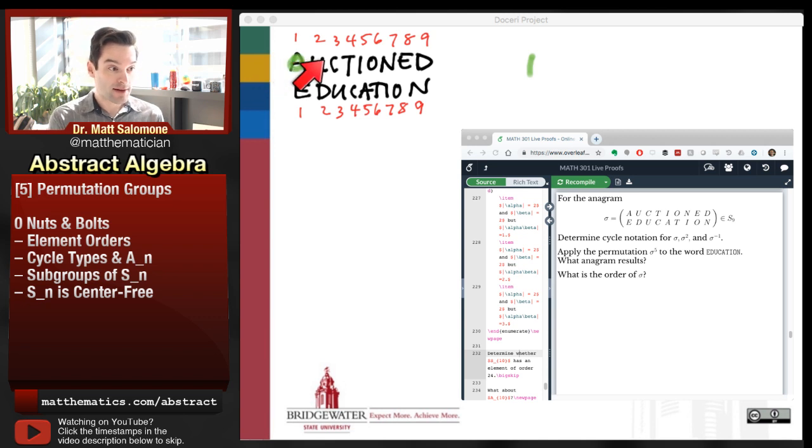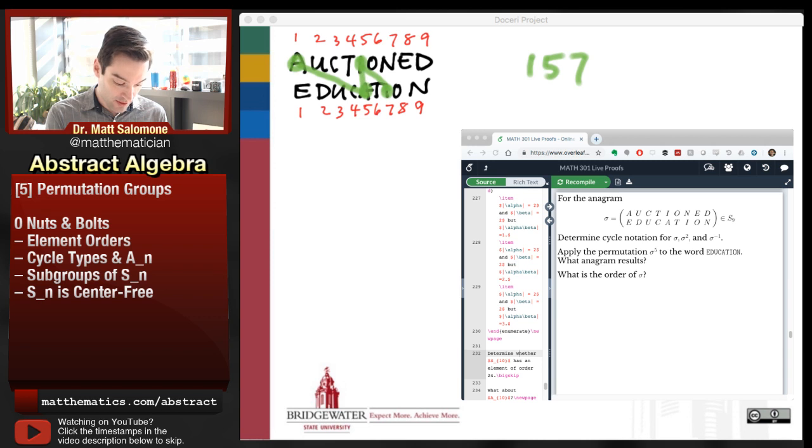The letter A starts in position 1 and ends up in position 5. So my cycle starts off 1, 5. To continue, I ask where position 5 ends up going. Position 5 is my letter I, and that ends up in position 7, so my cycle continues with a 7.